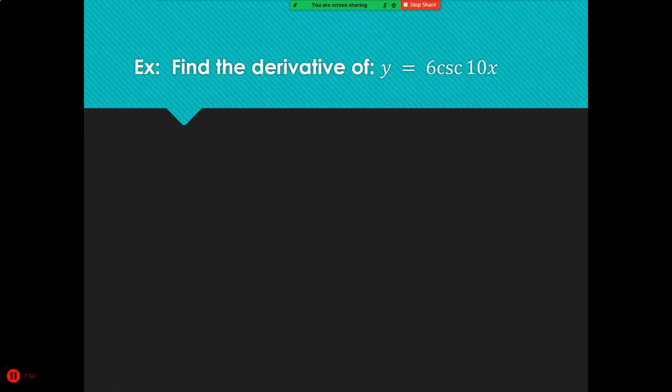All right, find the derivative of y equals 6 cosecant 10x. So the inside is the angle. So the derivative is 6 times what's the derivative of cosecant? Good.